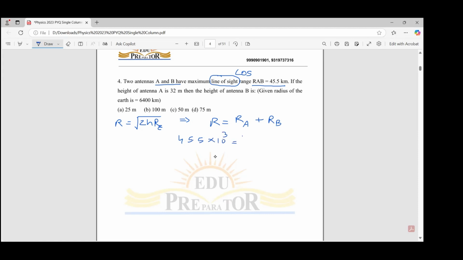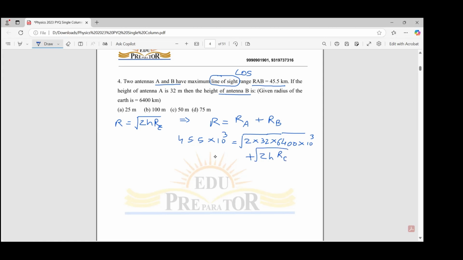That is multiplied by 3. This will be equal to square root of 2 into 32 into the radius of Earth, which is 6,400 kilometer converted into meters, plus RB. We don't know the height of antenna B. So you have the square root of 2 H into the radius of Earth.